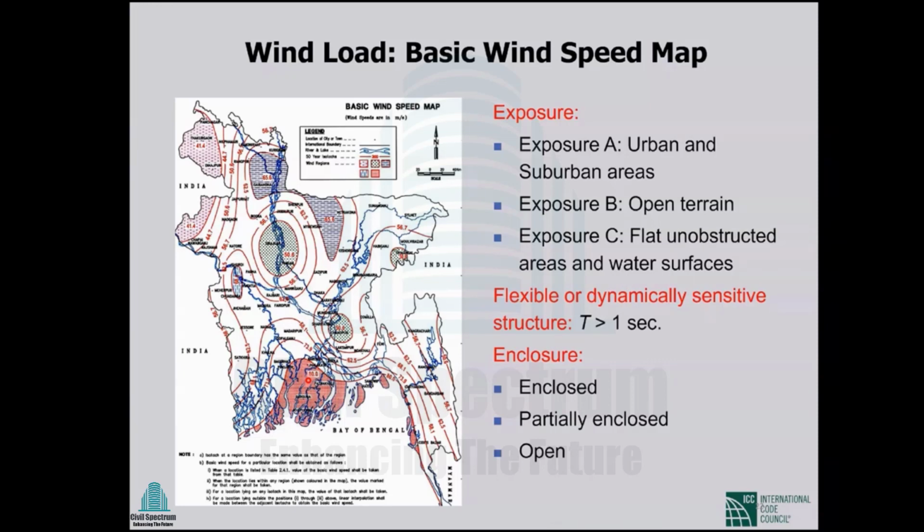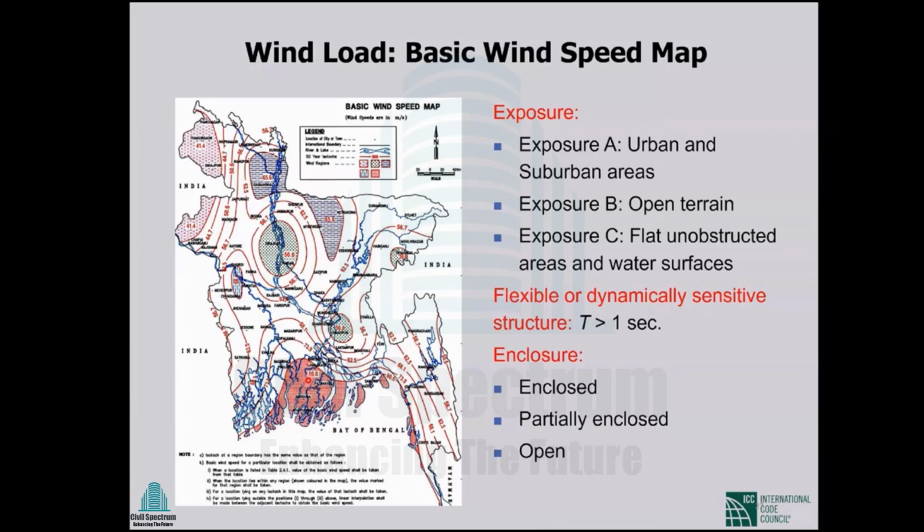Then why are the values different? First of all, the unit is different. In the previous version, it was kilometers per hour, and in this version, it is meters per second. But if you directly convert kilometers per hour to meters per second, you will not get the same values because there is another conversion. The previous version of the code was based on fastest mile wind speed, a different method of measuring wind speed.